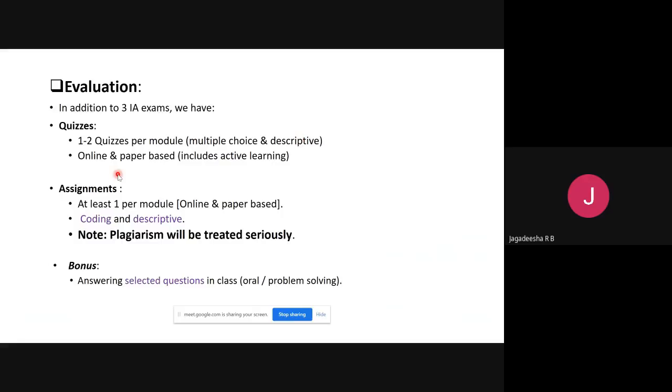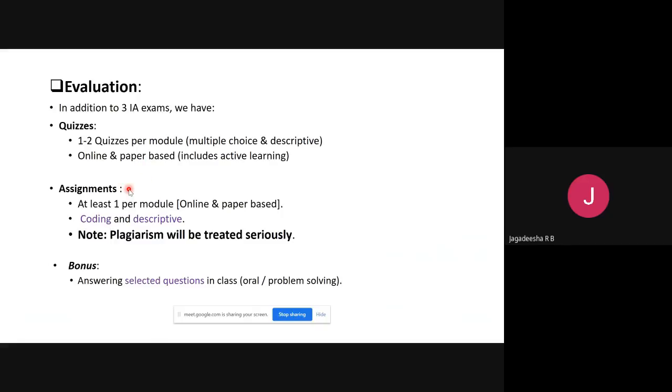Some of these quizzes could be online, and when you join the college, maybe in October or later, you will also have paper-based tests. Even sometimes the online tests could be paper-based, where you need to write the answer on paper, and then scan and upload.